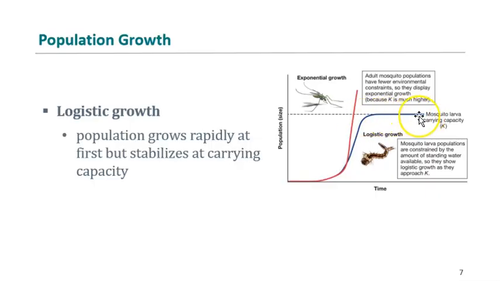It flatlines at that point, and that is the carrying capacity. That is the maximum amount that the environment can support. At that point, individuals start to die or reproductive rates start to decline. Whatever it is, it depends upon what density dependent factor is limiting the population at that point.